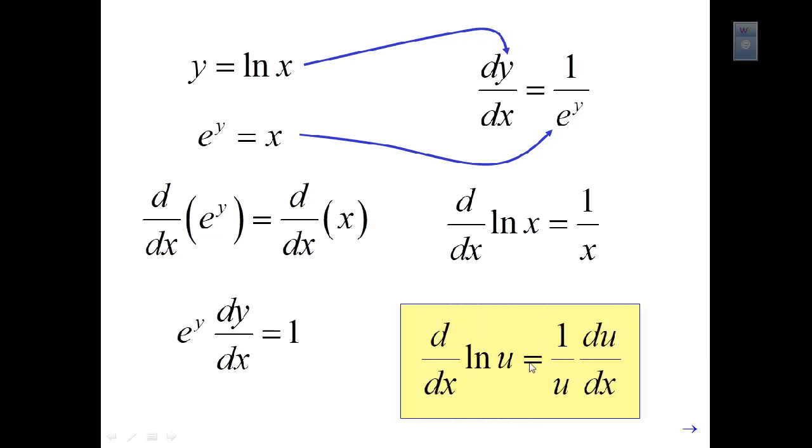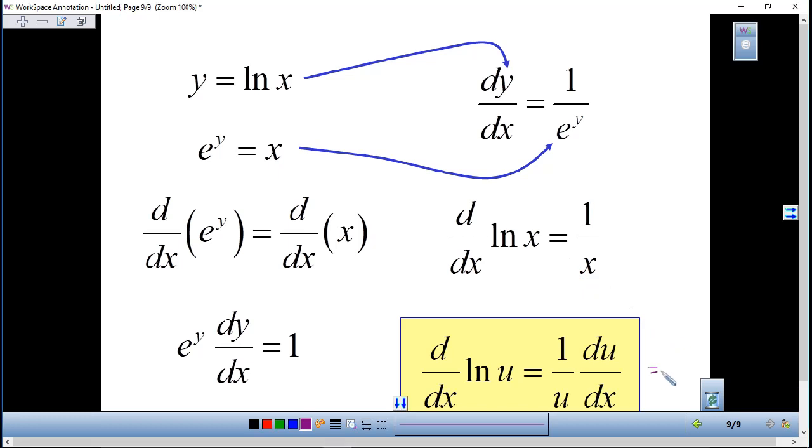Now that gives us our rule, including the chain rule, that says the derivative with respect to x of natural log of u is 1 over u du dx. Now you also will sometimes see this as u prime over u.